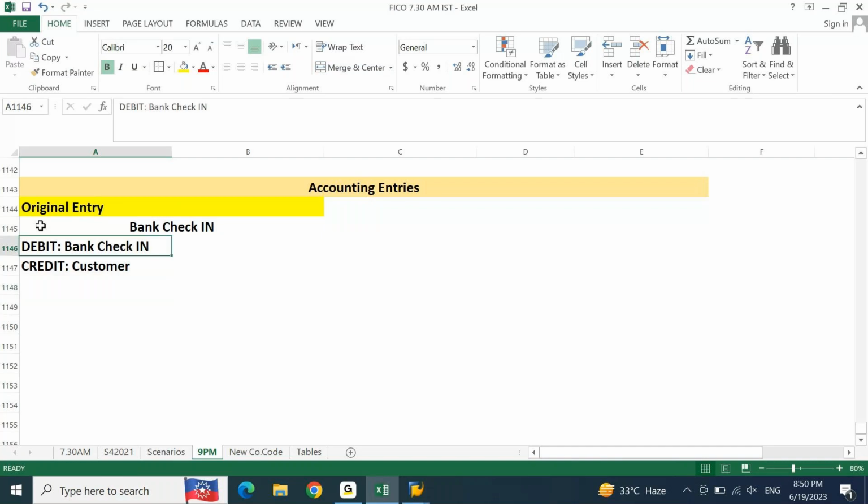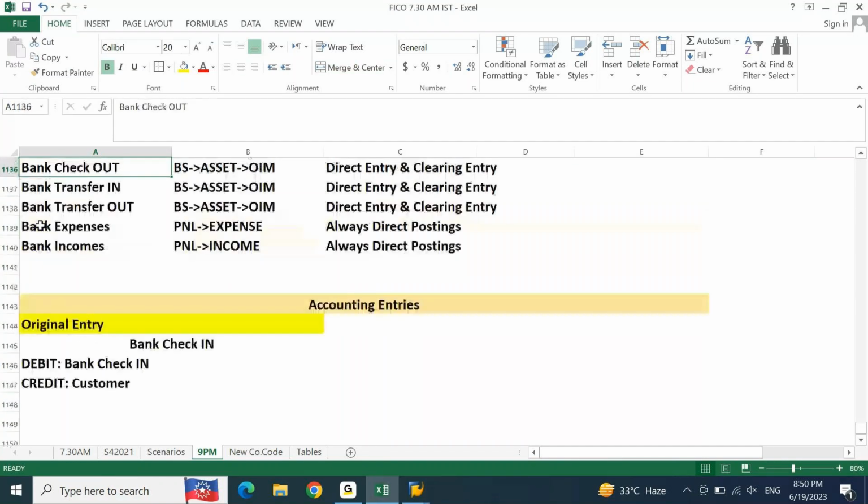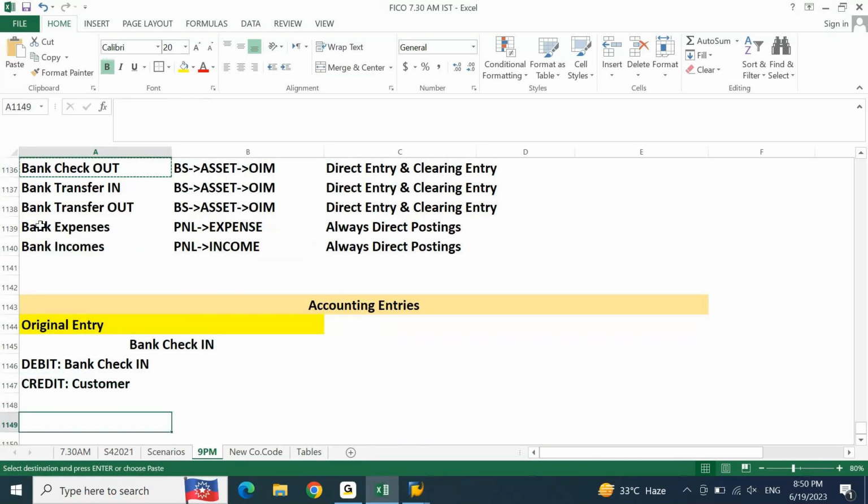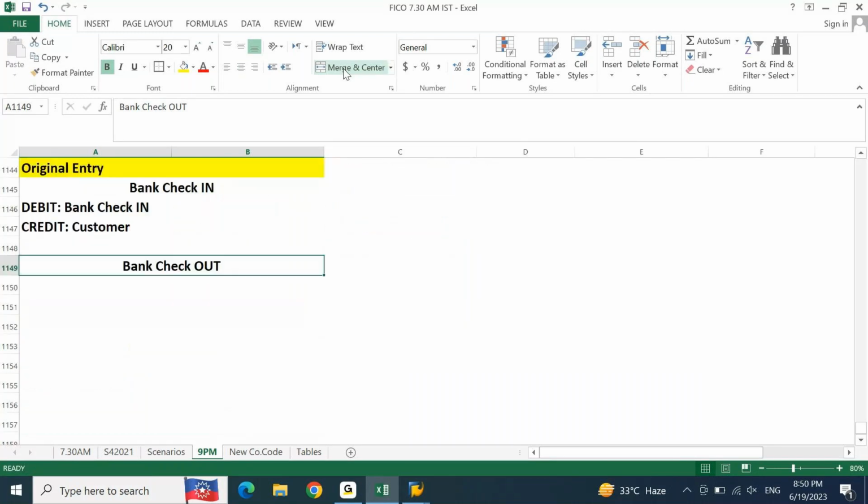Next account that we have is bank check outgoing. This is the next account that we have. When you are issuing a check, you are going to issue the check majorly to a supplier or to a vendor. When you are making the payment to a vendor, according to personal account, debit the receiver.